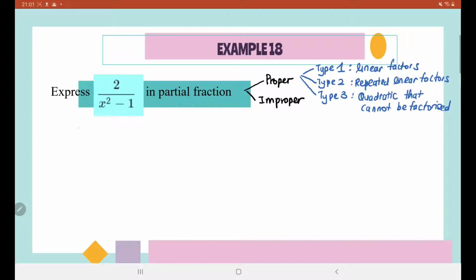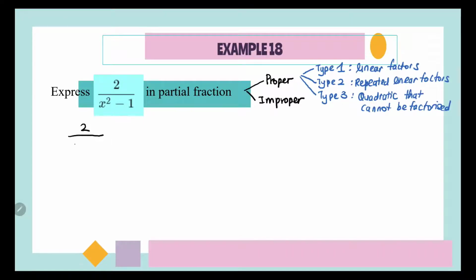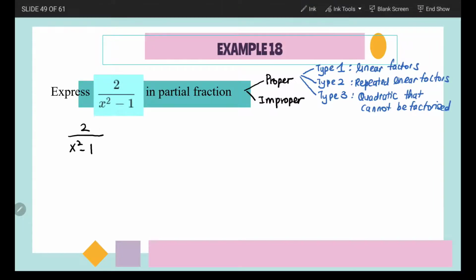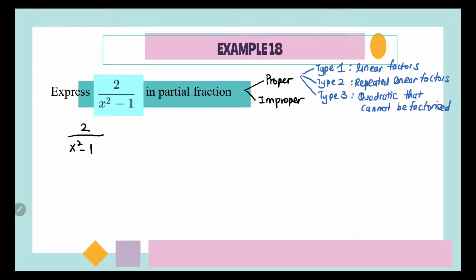Students, now let's look at example 18, 2 divided by x square minus 1. Now we need to recognize whether the factor that we have, which is x square minus 1, is type 1, type 2 or type 3. It can be either a linear factor, repeated linear factor or quadratic that cannot be factorized.